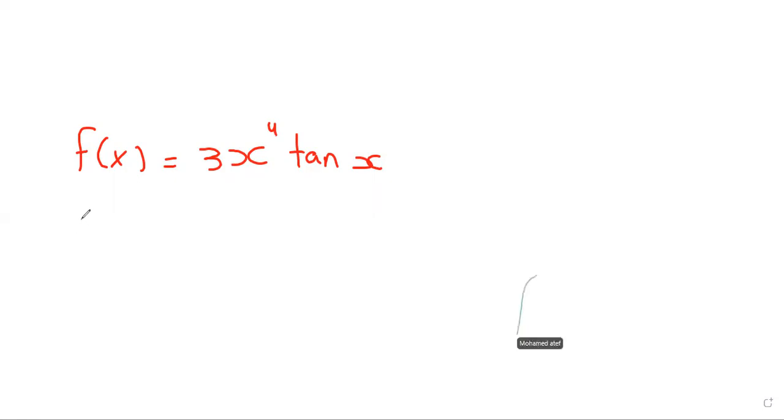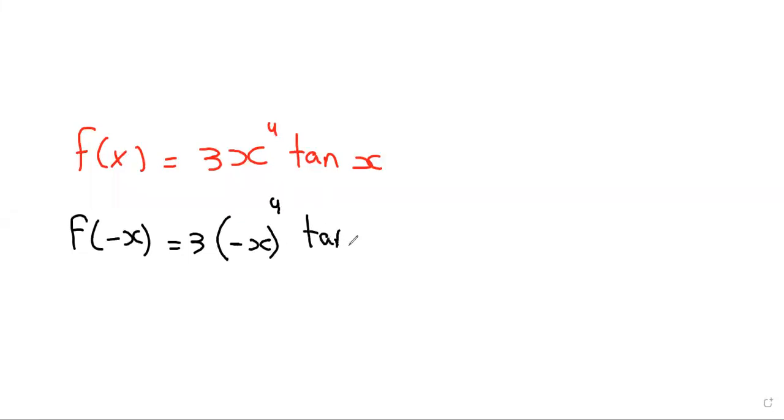So f of negative x, which will be 3 times negative x raised to the power of 4, times 10 negative x. Great. So in any x you see, instead of it, write negative x.